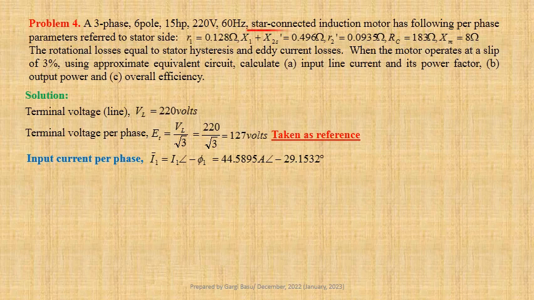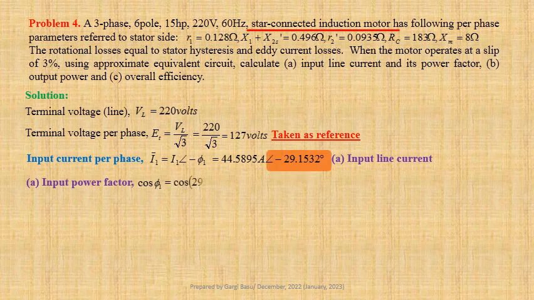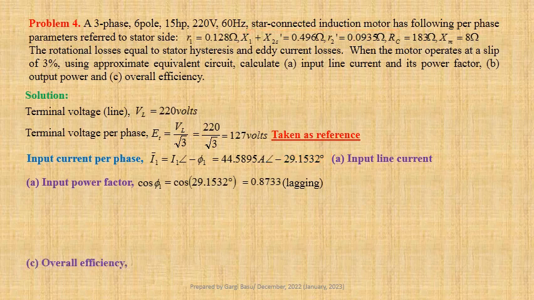For star-connected induction motor, input current per phase equals input line current. Let us now determine input power factor. Cos phi 1 equals cos of 29.1532 degree, that is equal to 0.8733 lagging.